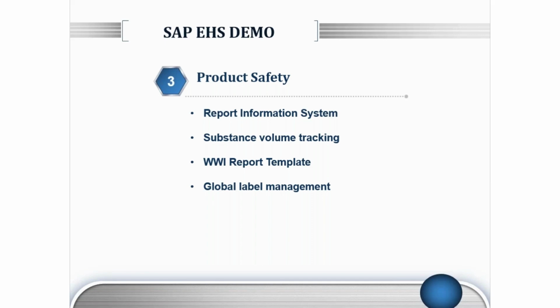We'll see how it works and what the options available in WWI are. All those things we'll see in the WWI report template. And then we go to global label management, which addresses all the label requirements of a company. Labels, though very small, maybe in millimeters or centimeters, are very, very important in a company, especially in the manufacturing sector.